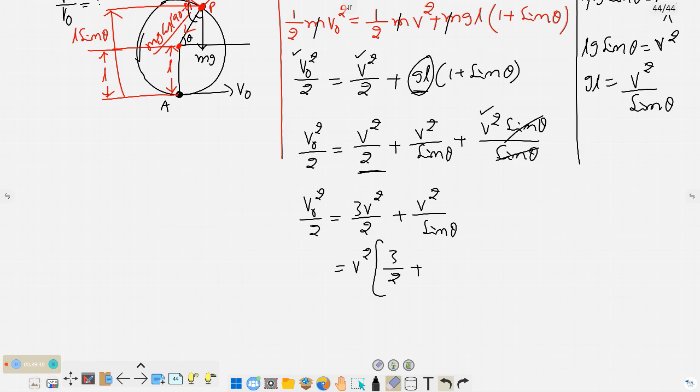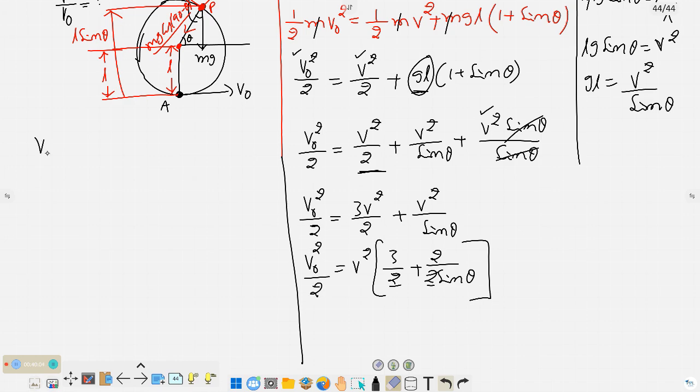So this 1 by sin theta I am writing as 2 by 2 sin theta, multiplying and dividing with 2. If you do it like that, I can take the 2 common and cancel both the sides, right? So V naught square by 2 is equal to V square into this.